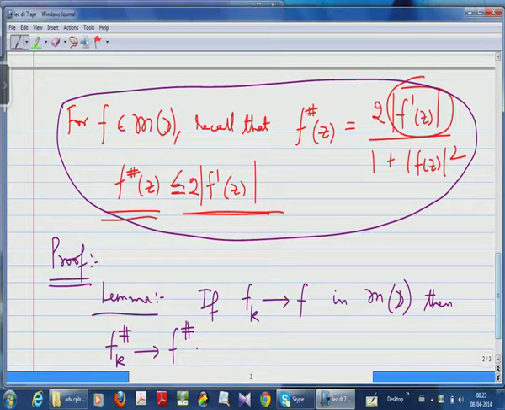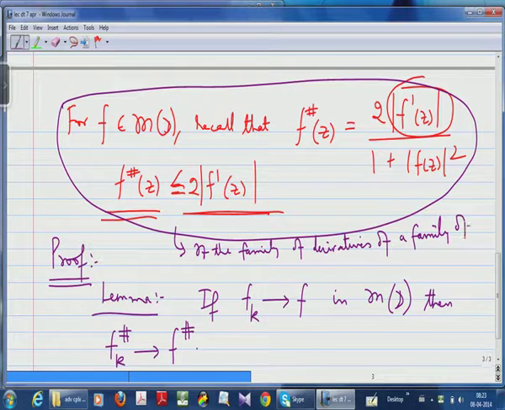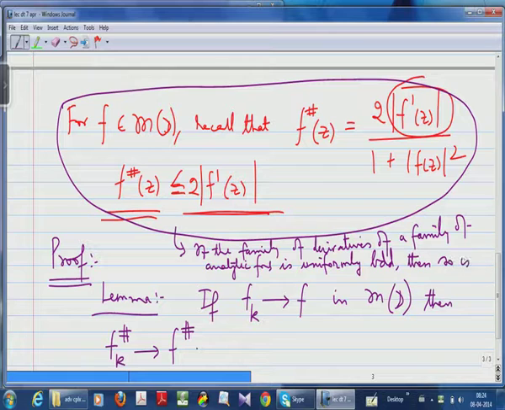Whatever I have circled here tells you that if the family of derivatives of a family of analytic functions is uniformly bounded, then so is the family of spherical derivatives.